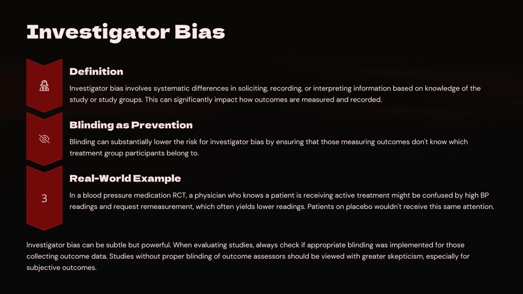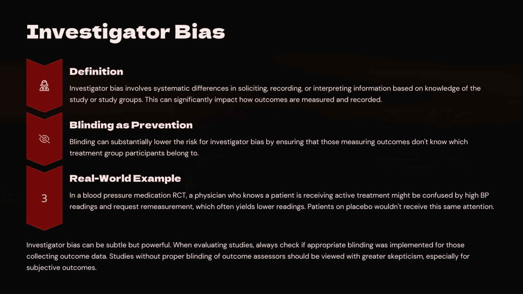Lastly, we have investigator bias, and so this is where an investigator introduces bias through their difference in how they solicit, record, or interpret information, okay, based on their knowledge of who's in what group. And so how do we prevent this? Blinding. That's why blinding is so sought after and considered part of the gold standard randomized controlled trial.